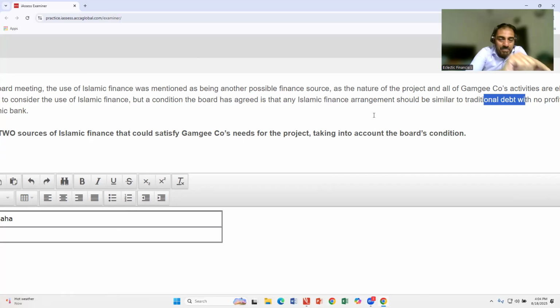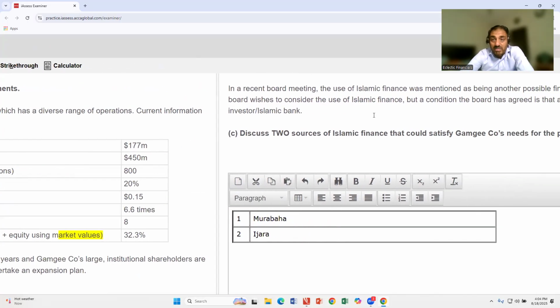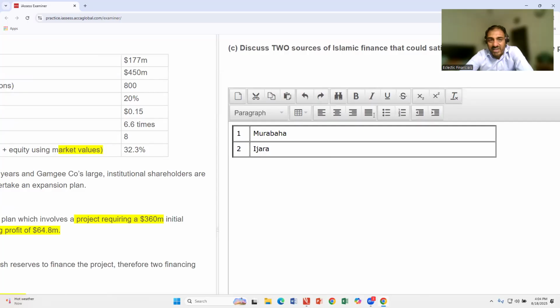Do remember, if we compare with the B part, C part, it's not a generic question. It's a specific question related to the case, with reference to Gemgee, more in line with traditional debts. That's a point. Although there are multiple more options with Islamic finance, you need to write 2 specific ones.